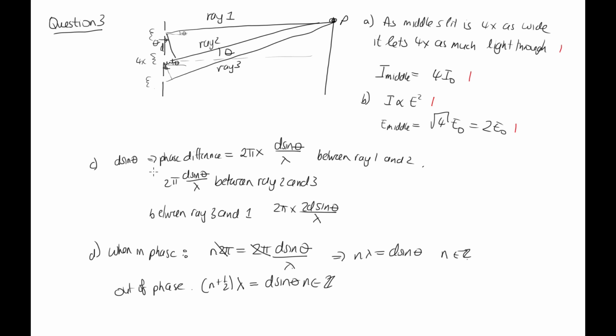Now for part C, we'll get 1 mark for our diagram and realizing that though they don't look it, these are actually parallel, and then 1 mark for these ones here, and 1 mark for the difference between ray 1 and ray 3. And then for part D, 1 mark for the in-phase expression and 1 mark for the out-of-phase expression. So in total, we've got 2 plus 2 plus 3 plus 2, which gives us 9 marks for question 3.